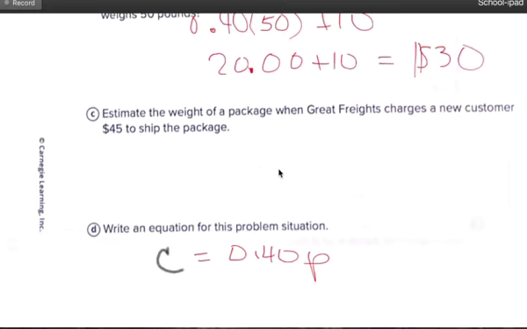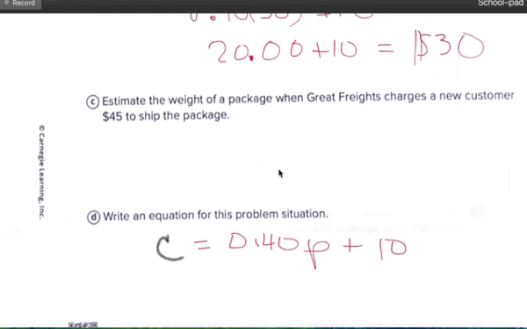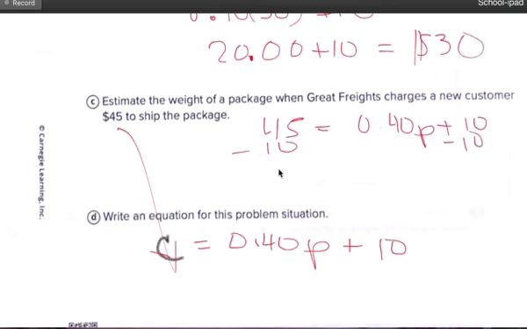The cost is 40 cents per pound plus the $10 setup fee. Well, the 45 goes there, 45 equals 40 cents per pound plus 10. Now you subtract 10 for the initial fee, right? 35 equals 40 cents per pound.